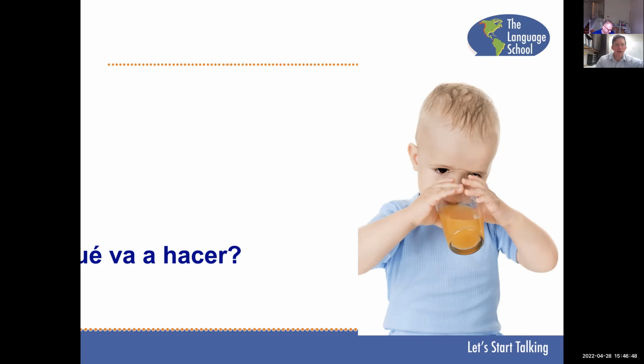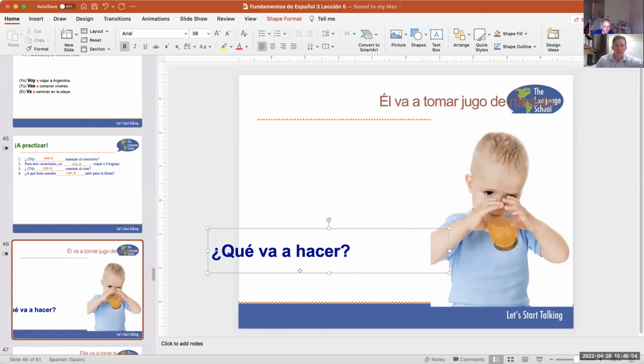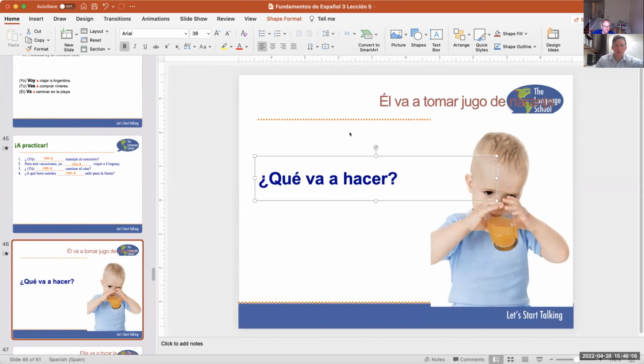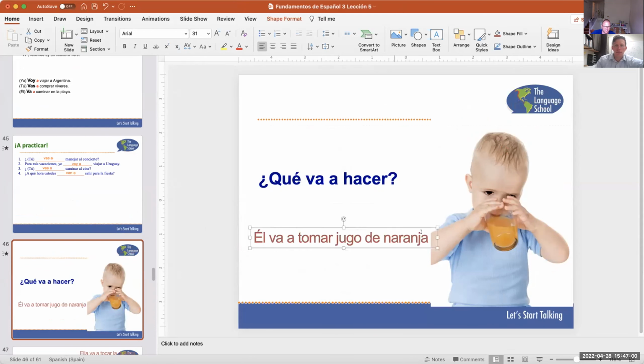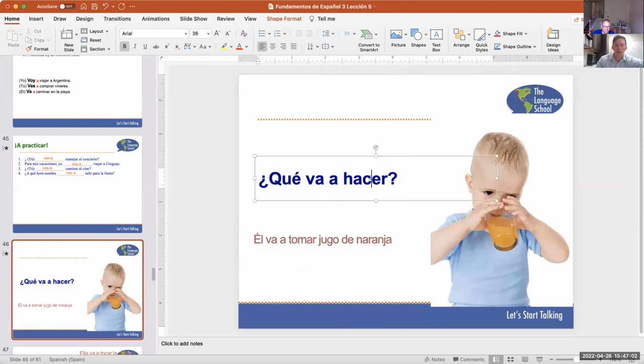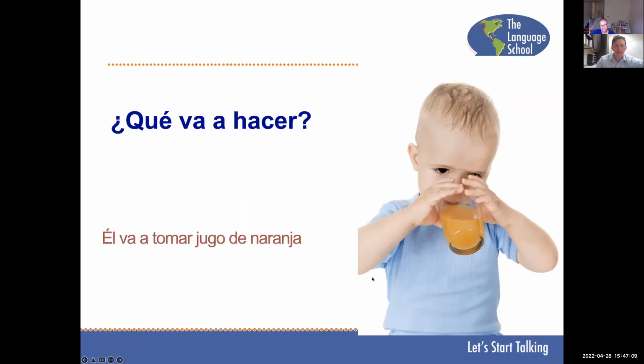That way, va a beber el jugo. Yes. A tomar jugo de naranja. My formatting has gotten completely messed up on this. Okay, sí. Él va a tomar jugo de naranja.